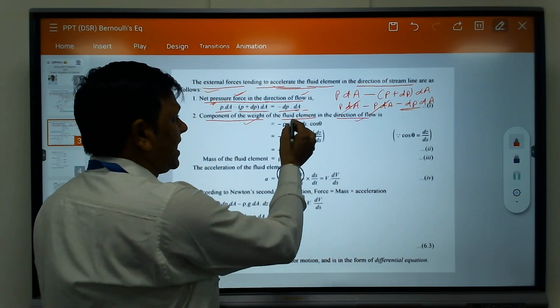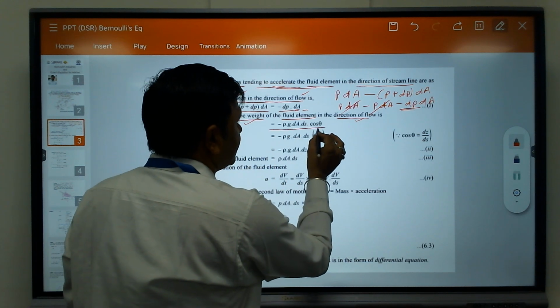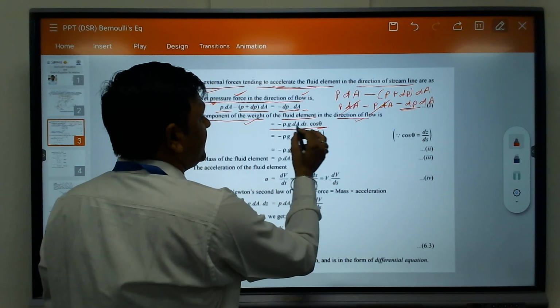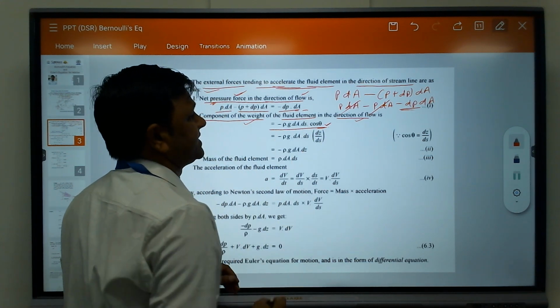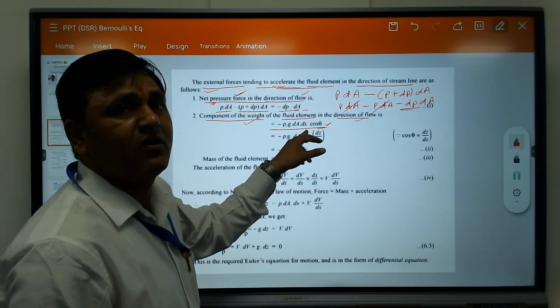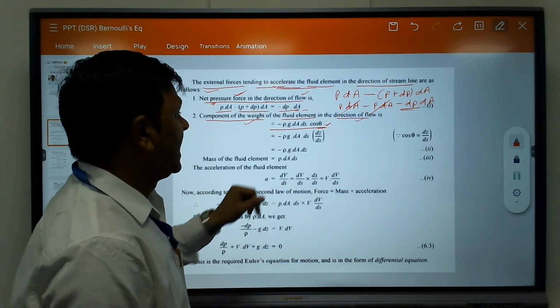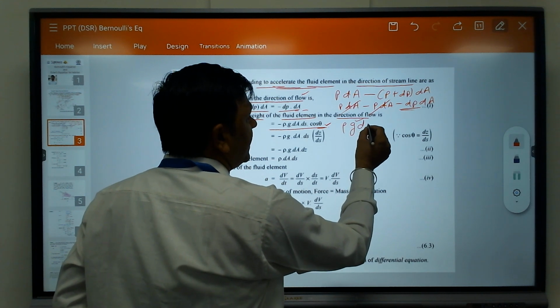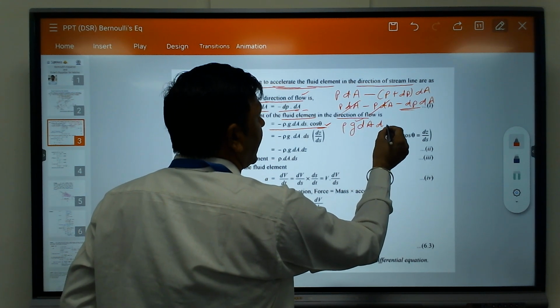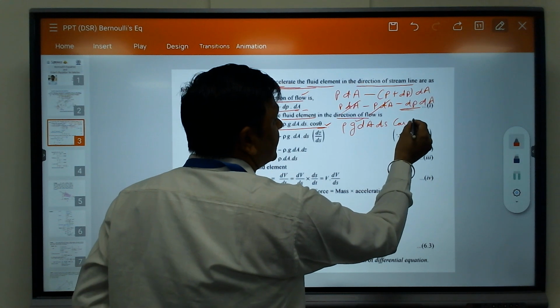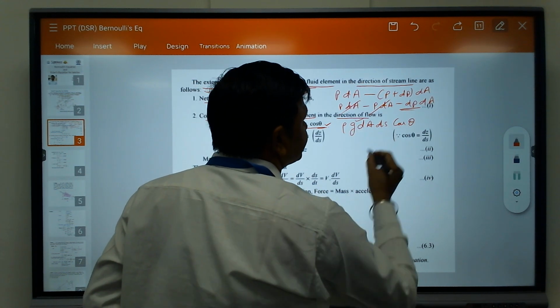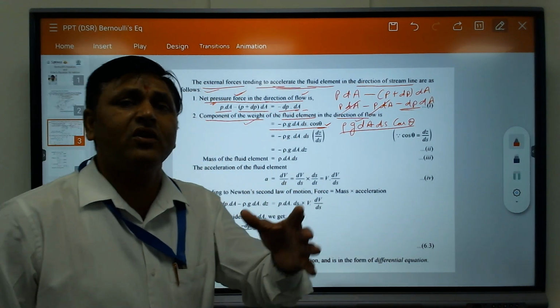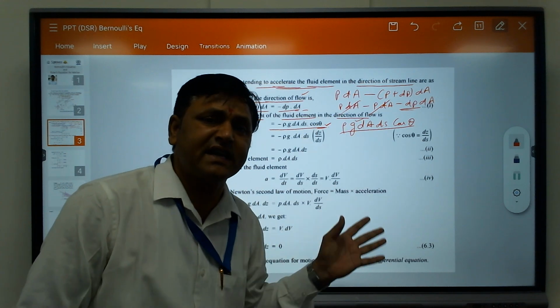This is the component of the weight of the fluid element, rho g dA ds cos theta. We have already discussed weight in my previous lecture.